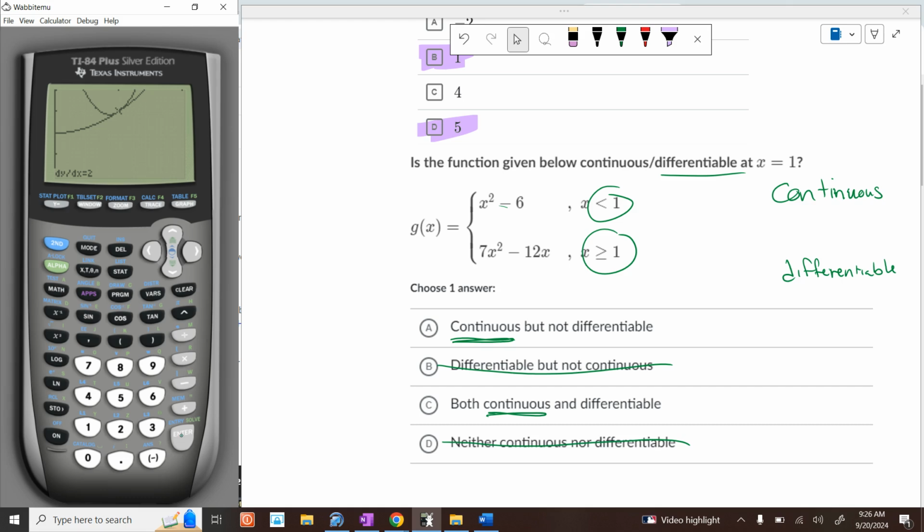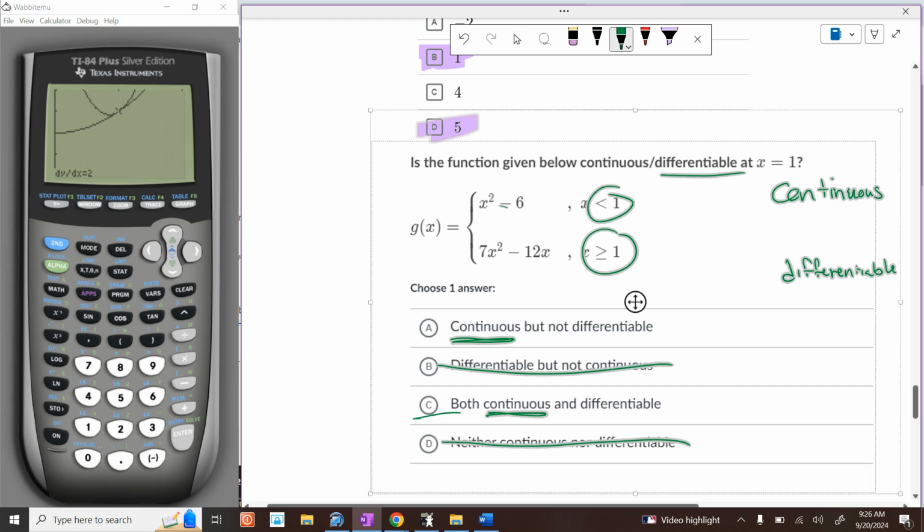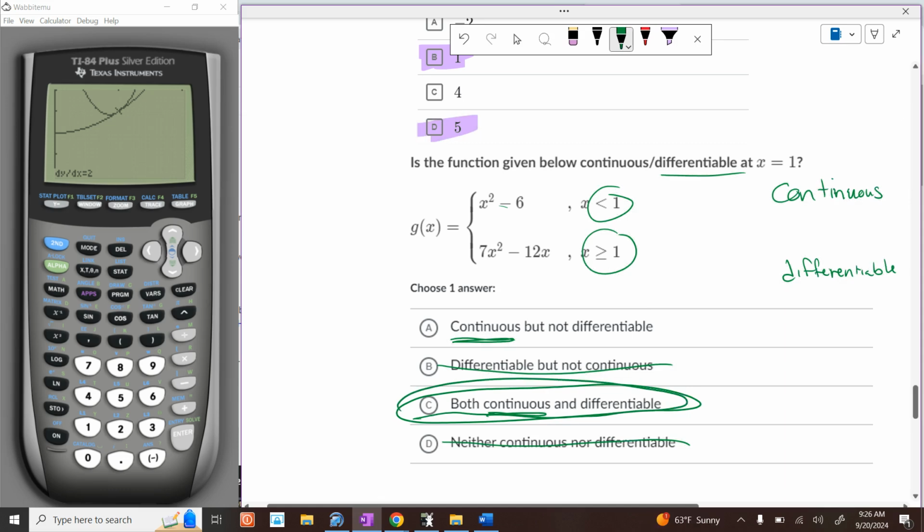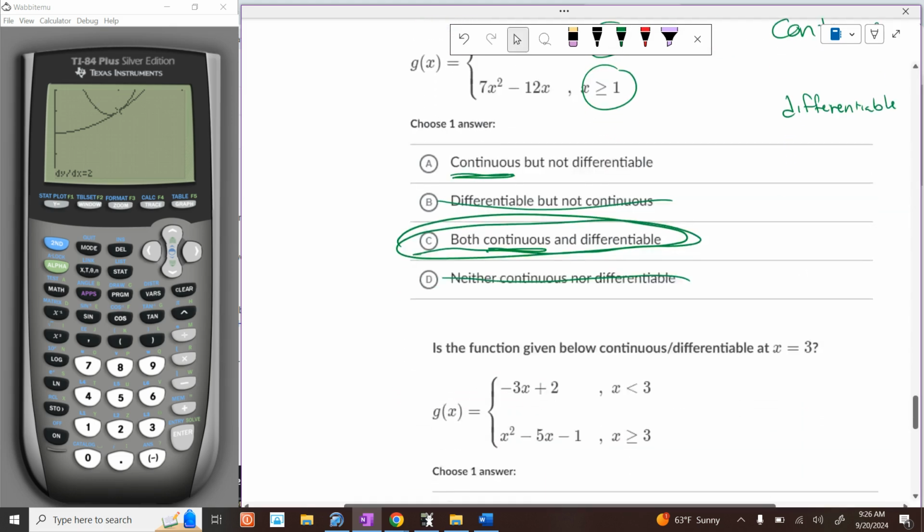The derivative is the same in both. So it's both continuous and differentiable. We used our graphing calculator to say that 1, -5 is in both, and they both have a derivative of 2. And see how it's smooth from here to here? It looks like a smooth curve. So it works for both.